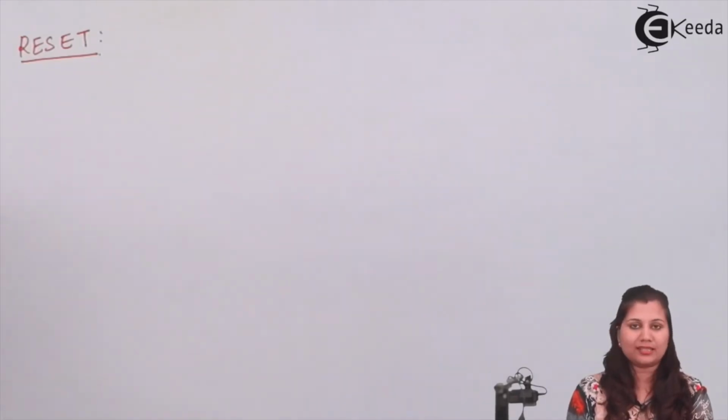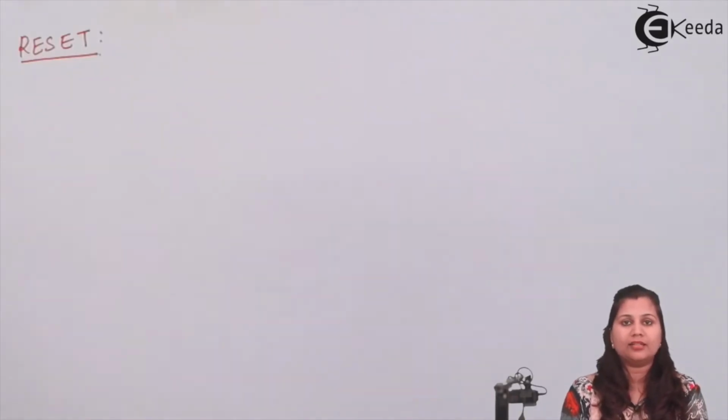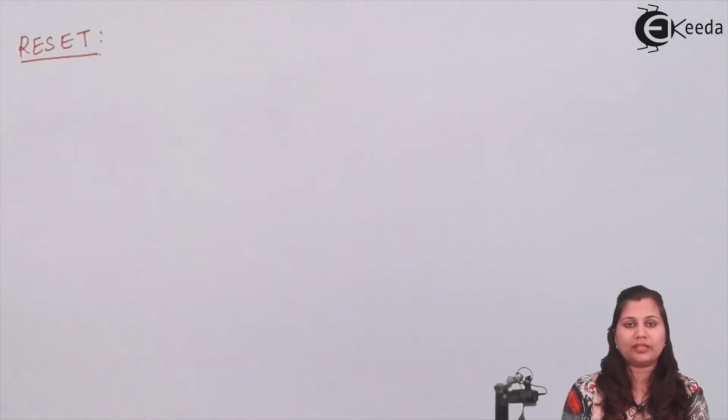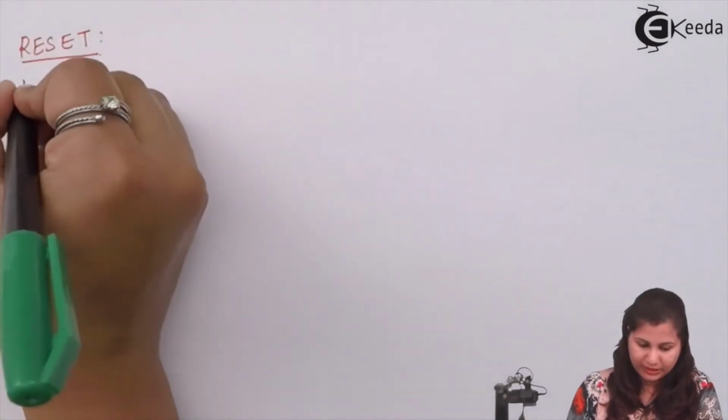The same is the case with this DMA controller. Here the reset signal clears out the contents of all the status registers and control registers; all the registers will be cleared out, and the channels and the whole system will be initialized and will come to their initial conditions.